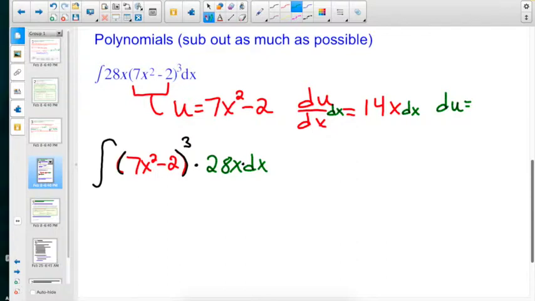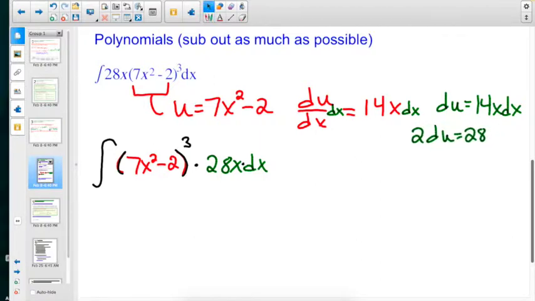Really, what we're doing is relocating this differential expression to the other side. So we end up having a 14x dx. Well, what do we need? Do we need a 14x dx or do we need something else? We need a 28. So how many du's do we need? 2. 2 of them. So 2 du's equals 28x dx.